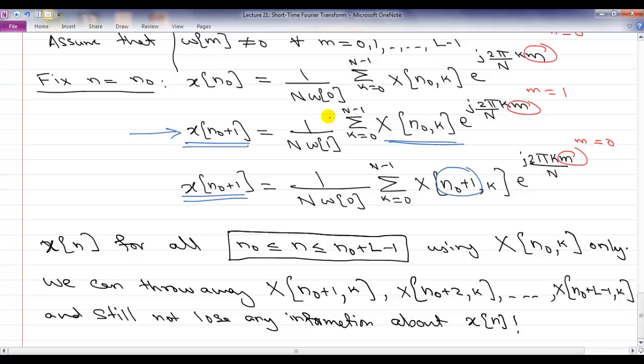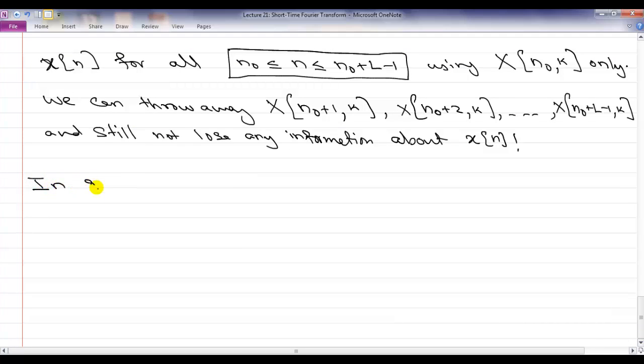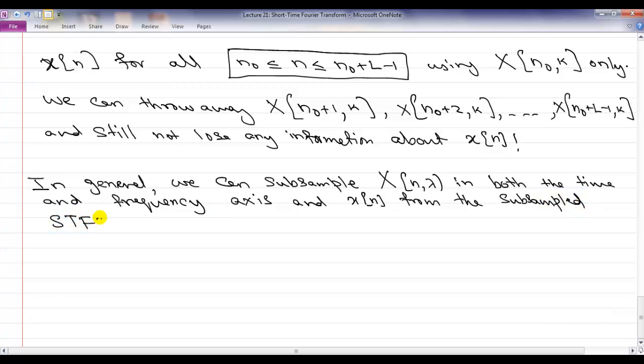So in general, we can subsample the short time Fourier transform in both the n and lambda axes, and recover x[n] from the subsampled short time Fourier transform.